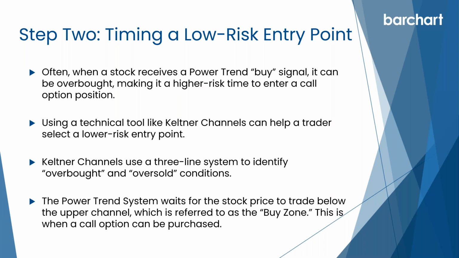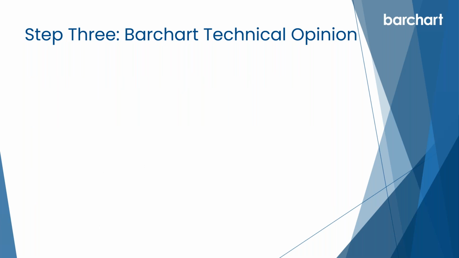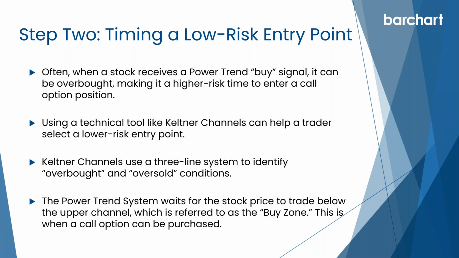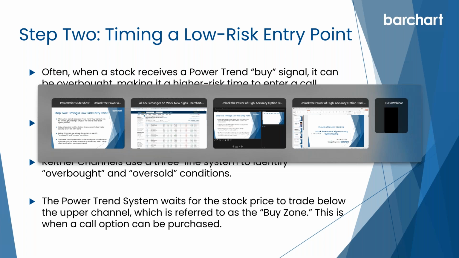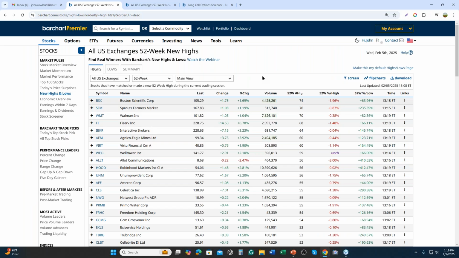So we wait for a retracement of the stock below the upper Keltner channel before we take a bullish position. That's saved us from buying a stock that was overbought and primed for a price correction.